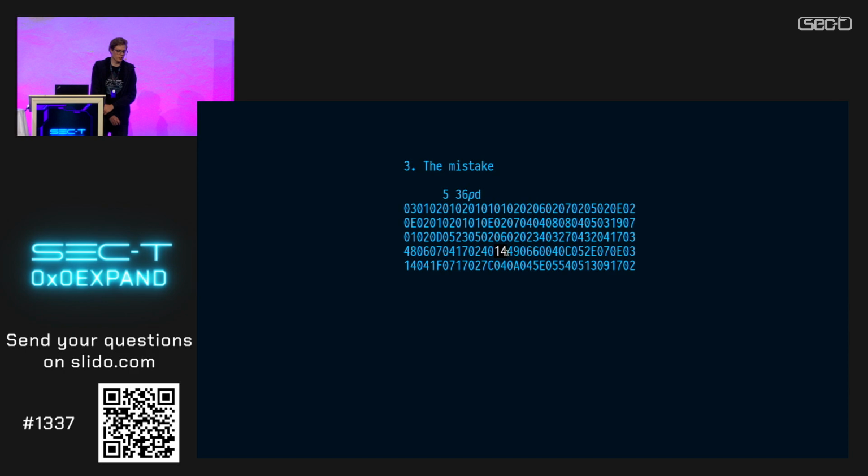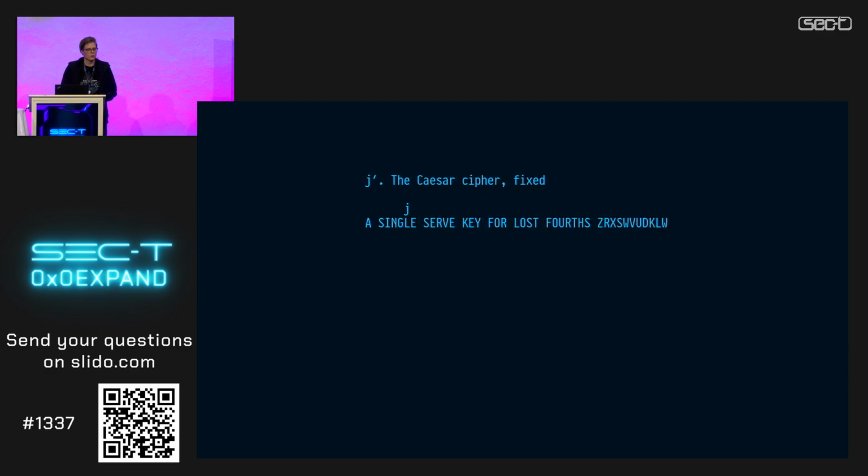And as you know, 14 hex is 20 decimal, so this is our outlier, which is still an outlier, but of lesser magnitude. So if we patch this and then redo everything we did before, we get a slightly better message which says a single serve key for lost fourths, and then something which presumably is a key.